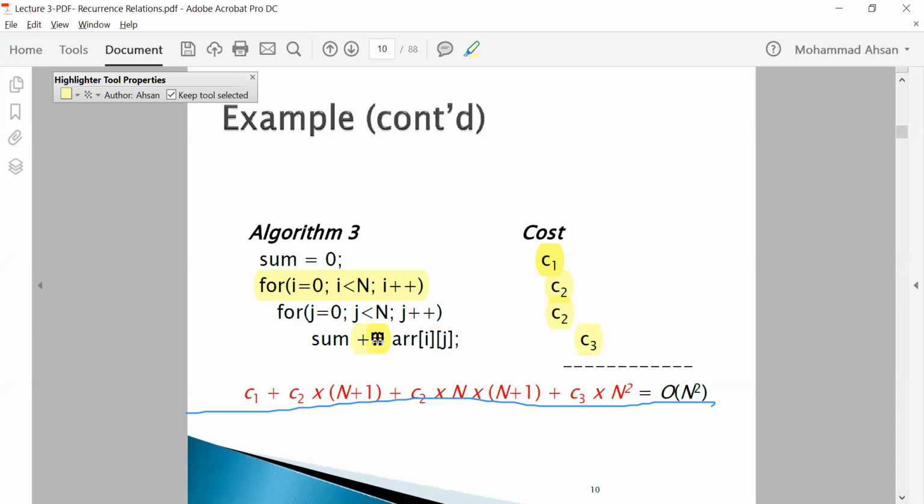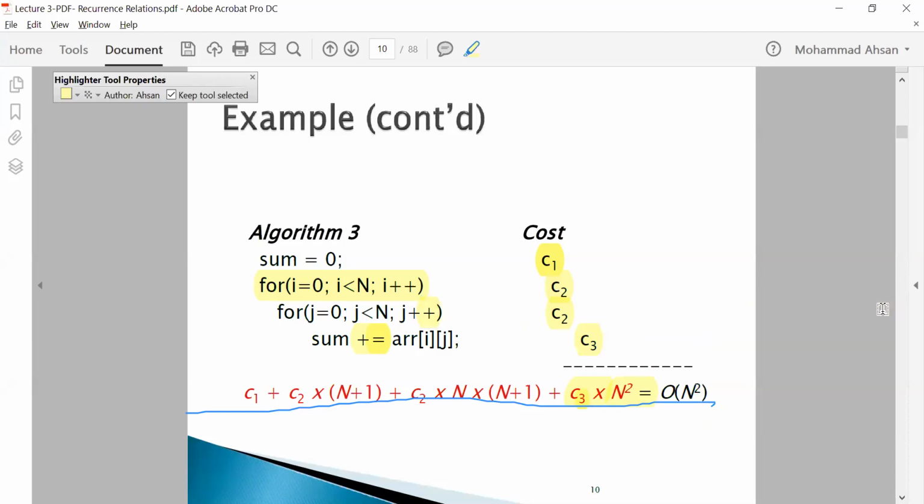So the statement C3 runs n square times because there are two for loops. How many times is this second for loop visited?